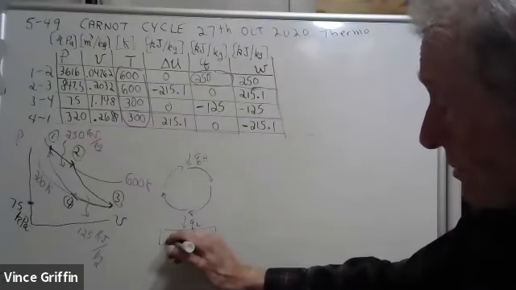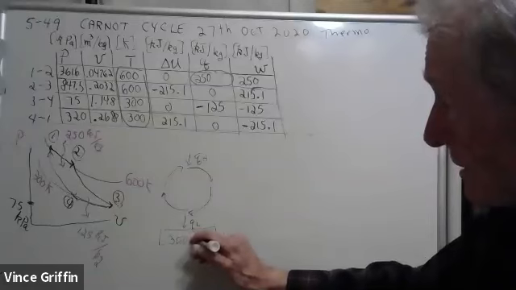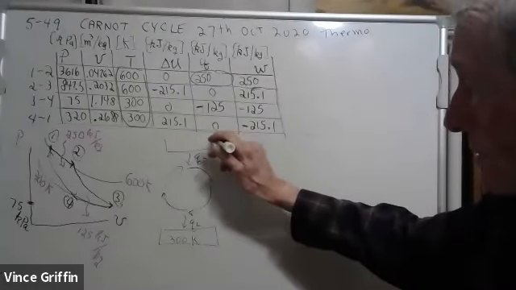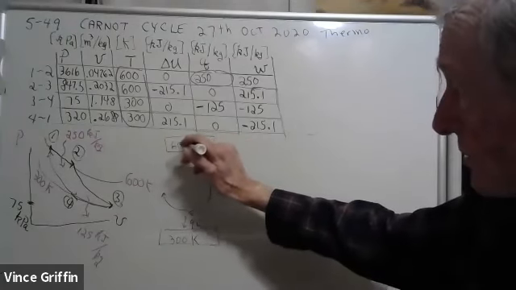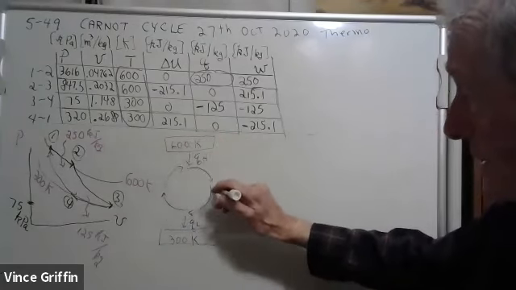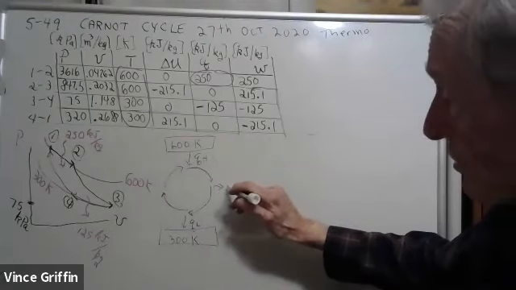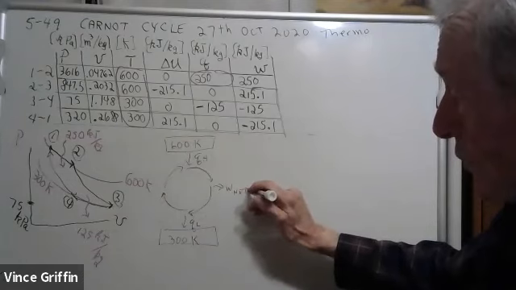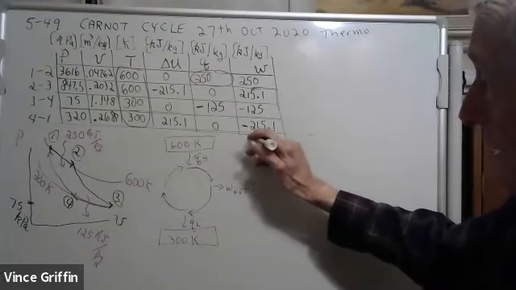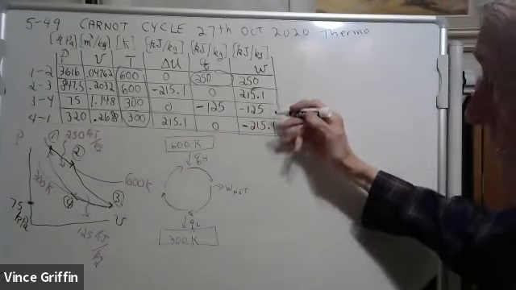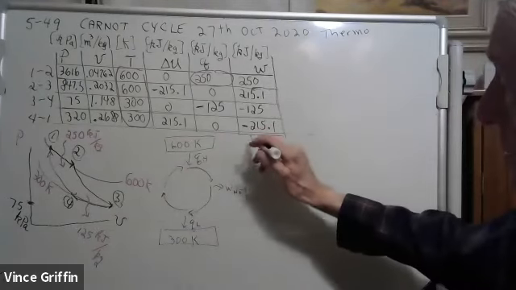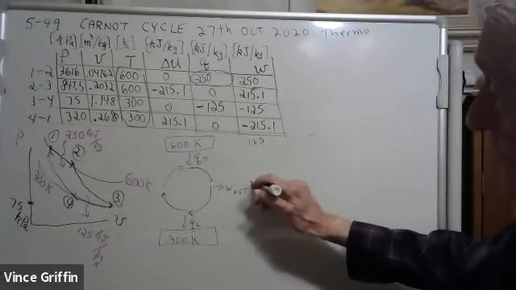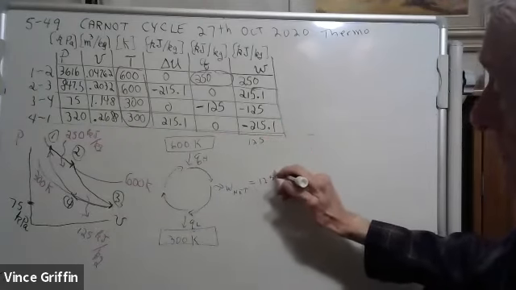This is your low temperature, 300 Kelvin, and this is your high temperature, 600 Kelvin. And this is going to be your net work per mass. What that's going to be is the total. If you add all these up, you're going to get 125. This is going to be 125.